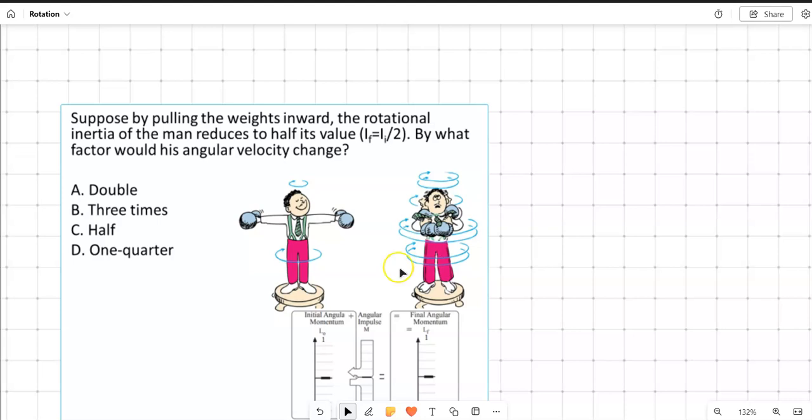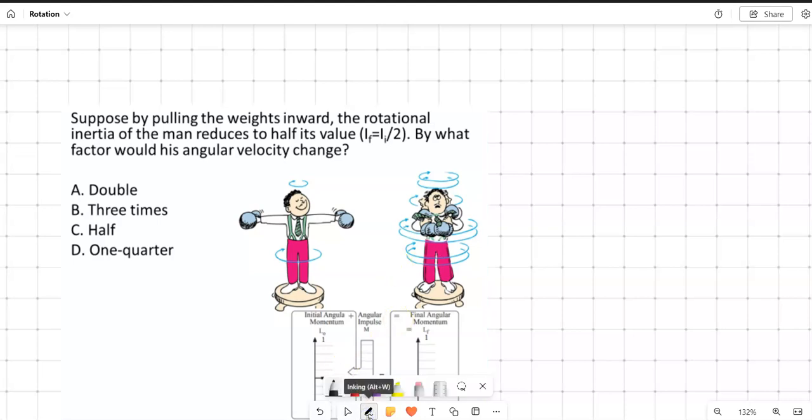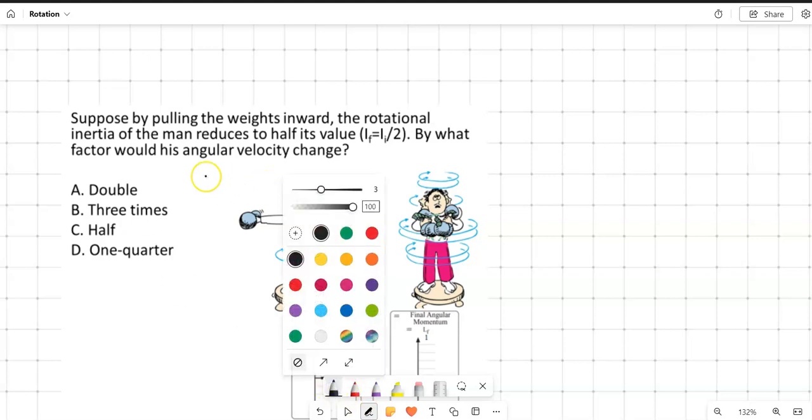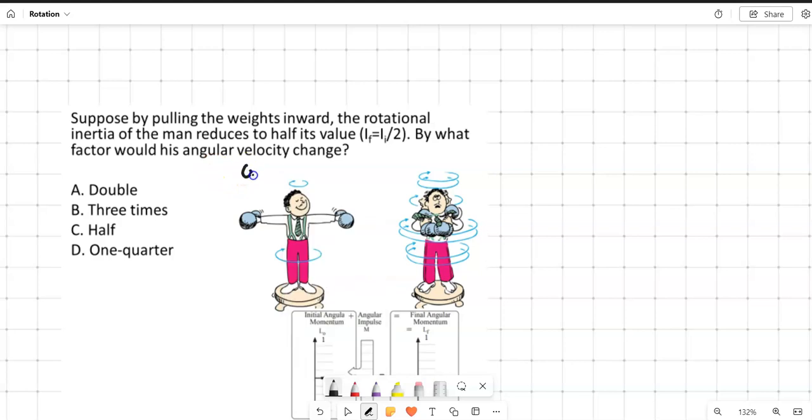Okay. So let's say this person is rotating right here, originally with an angular velocity of, and it looks like they're rotating clockwise, so that's going to be negative. Let's make it even.